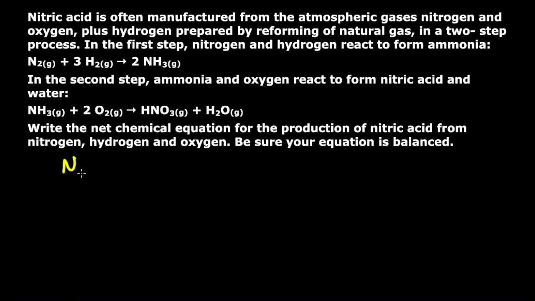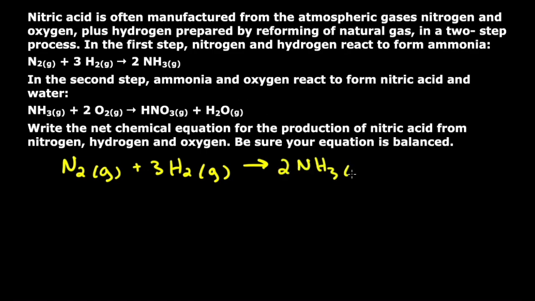So we have this N2, and it's going to be a gas, and that's going to combine with this 3H2 gas, and that's going to form this 2NH3 here. So I'm going to write down 2NH3 as a gas. And then the second step, this NH3 here actually goes over here to react with this O2 here.